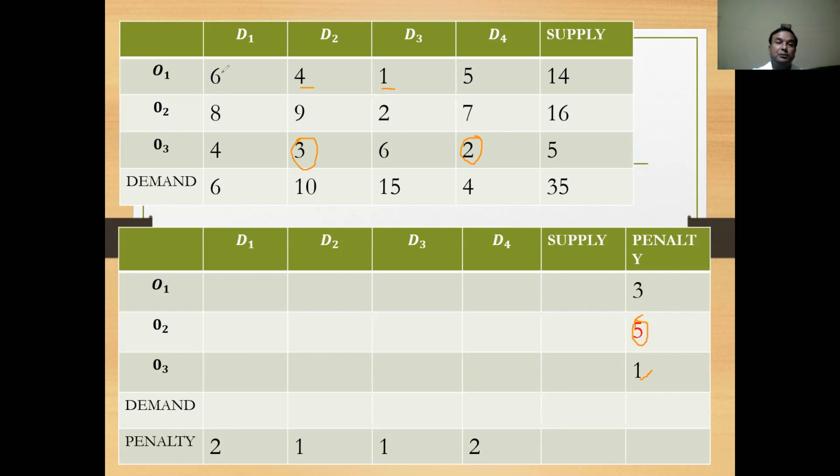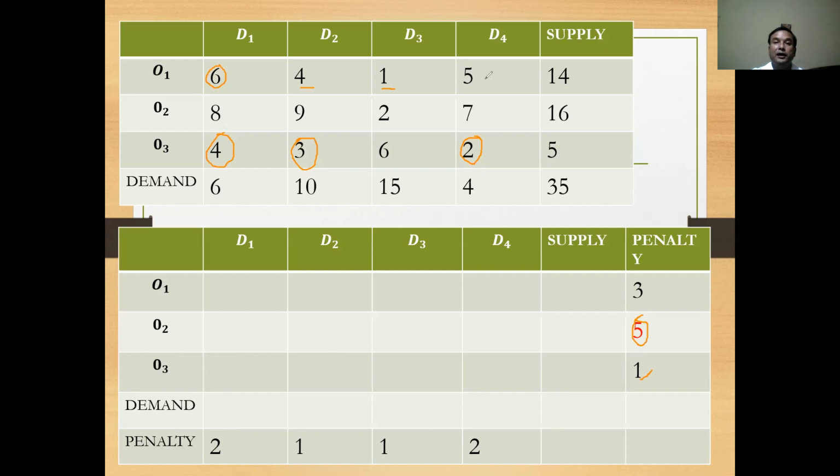Destination wise, what are the minimum costs? 6 and 4, and the difference is 2. Then next is 4 and 3, the two minimum costs, and the difference is 1. Then 1 and 2, the difference is 1.